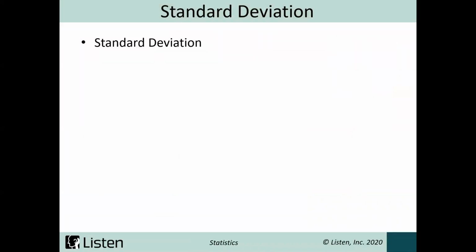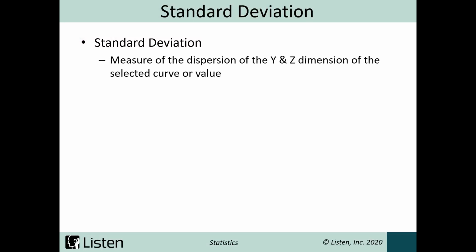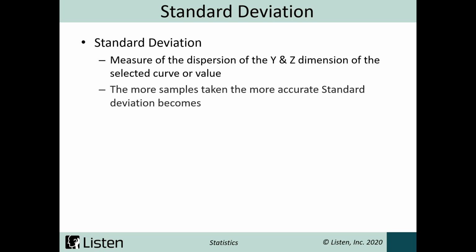When running statistics on data, we can also calculate the standard deviation. This is a measurement of the dispersion of the y and z dimension of the selected curve or value. The more samples you take of this, the more accurate standard deviation becomes. When you enable standard deviation, you will then have to define sigma in the statistics editor.